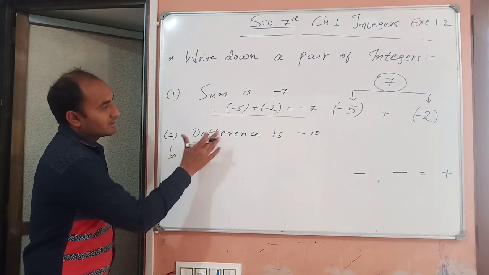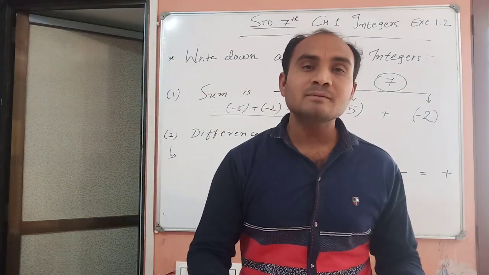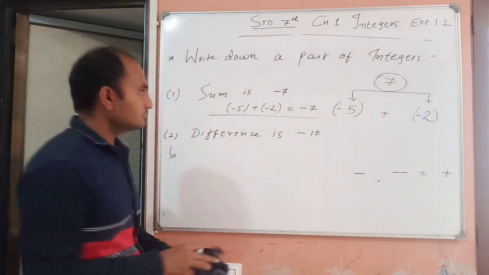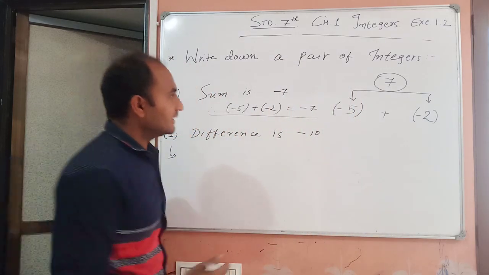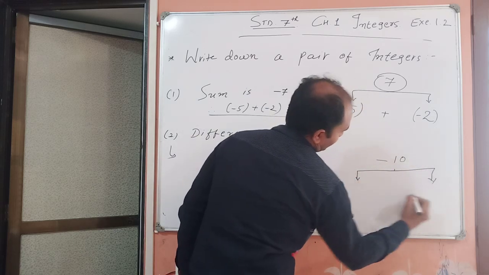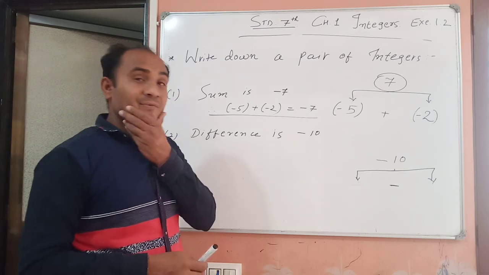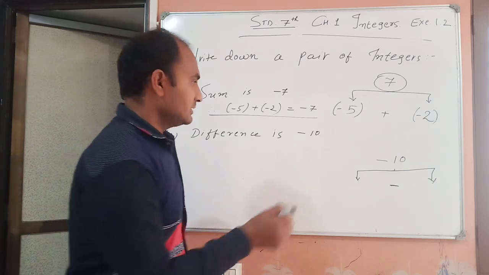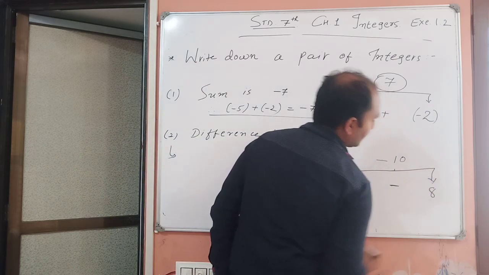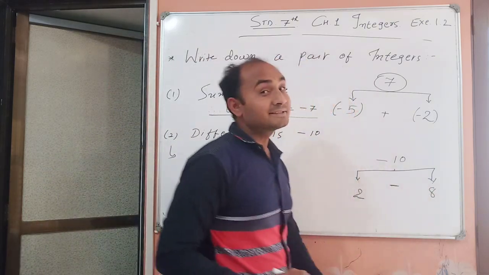Number 2, the difference is -10. Tell me, difference means subtraction, minus. So here we get the answer -10. In between, which symbol will come? Subtraction will come. So in subtraction, first of all we will discuss 2 and 8. 2 plus 8 is 10.